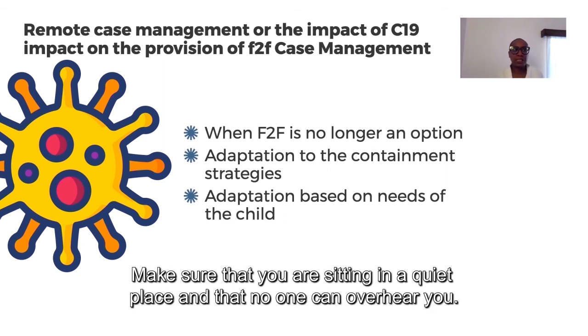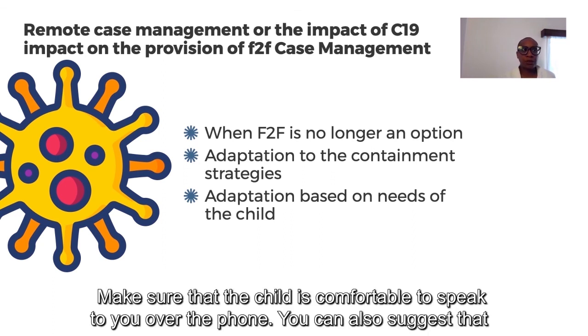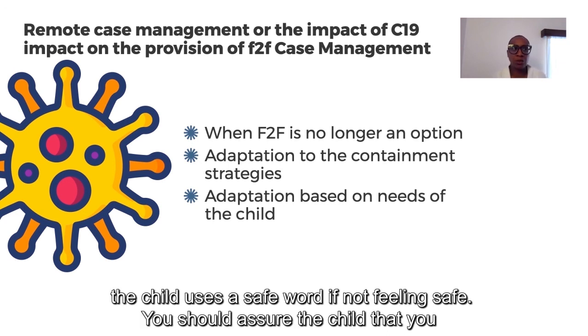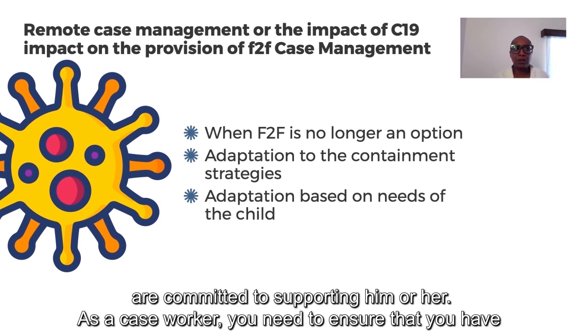Make sure that you are sitting in a quiet place and that no one can overhear you. Make sure that the child is comfortable to speak to you over the phone. You can also suggest that the child use a safe word if not feeling safe. And you should assure the child that you're committed to supporting him or her.